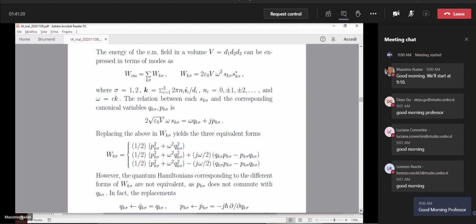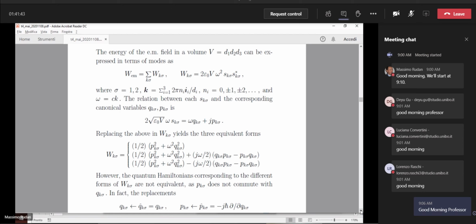For the analysis, it is not important what the form of this region of space is. So we take a simple form, that is the form of a box in which the sides of the box are aligned with the coordinate axis.